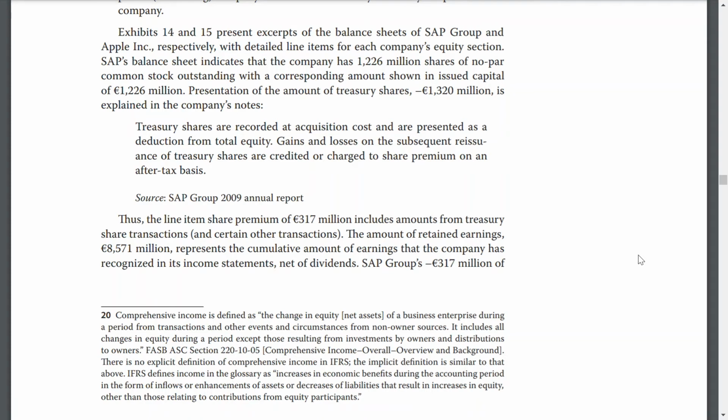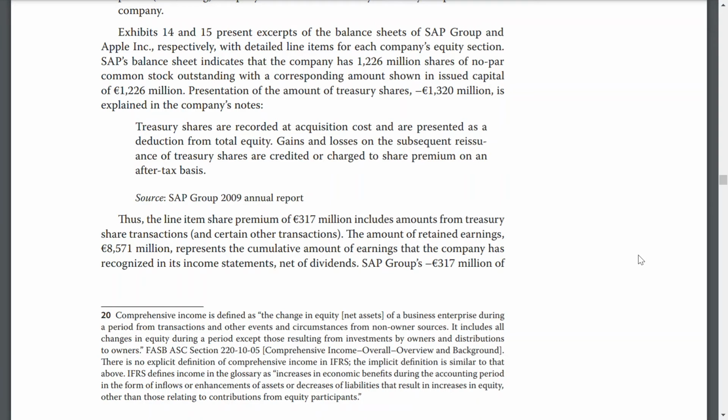SAP's balance sheet indicates that the company has 1,226 million shares of no par common stock outstanding, with a corresponding amount shown in issued capital of 1,226 million. Presentation of the amount of treasury shares, 1,320 million, is explained in the company's notes.